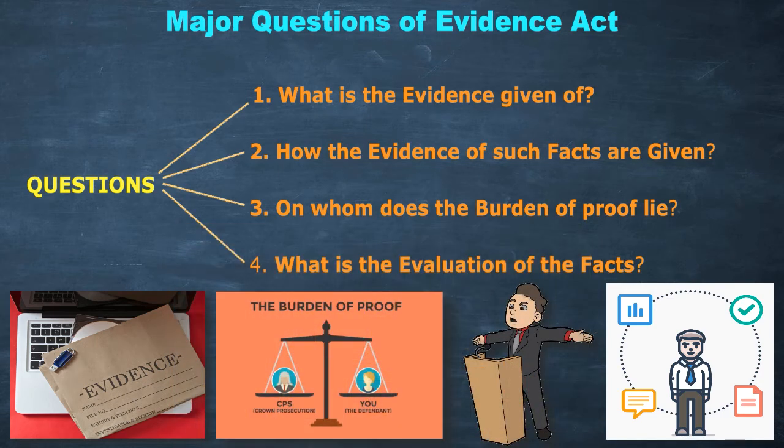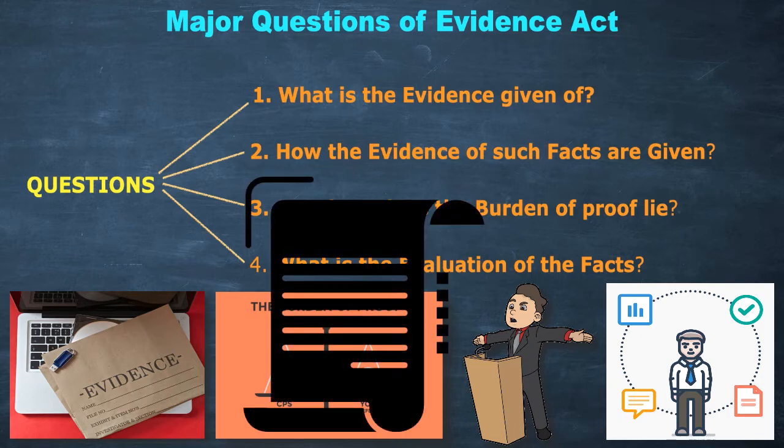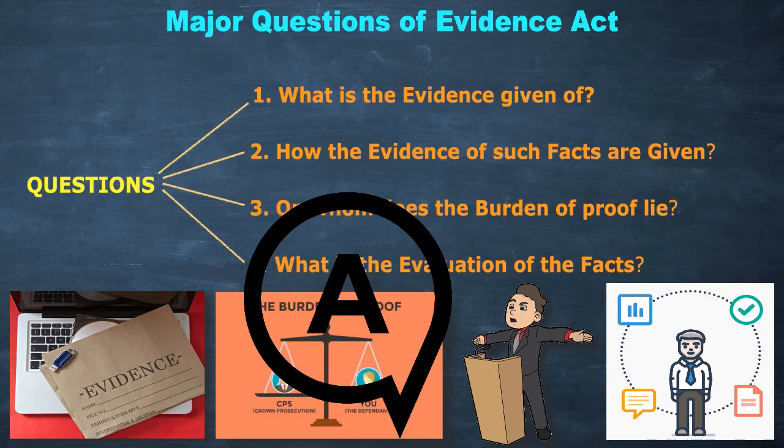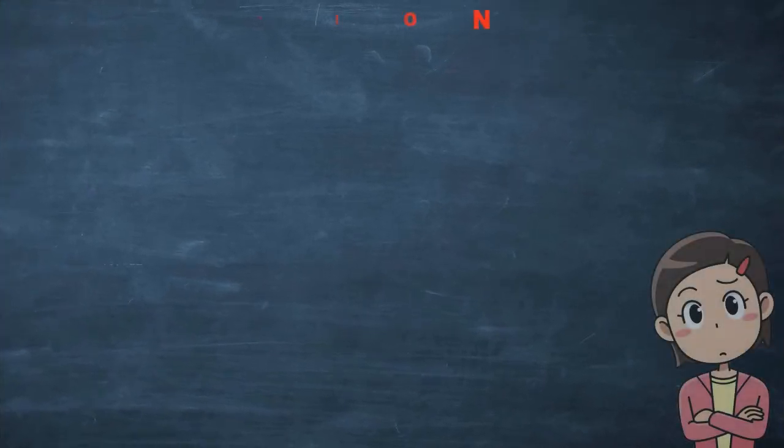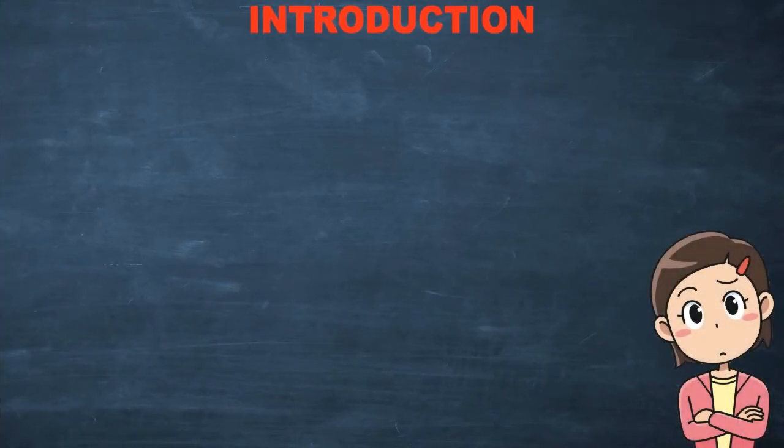So here is the role of the Indian Evidence Act, because the Indian Evidence Act discusses all these questions and gives guidelines on how to find the answer regarding all these questions. So now let's check out the Indian Evidence Act 1872.